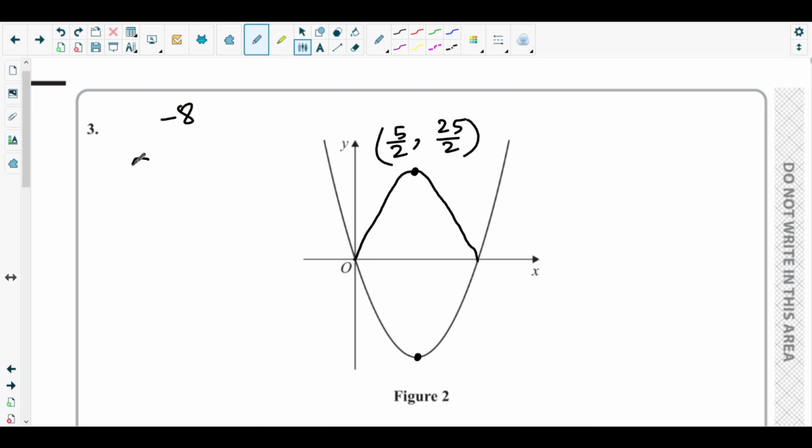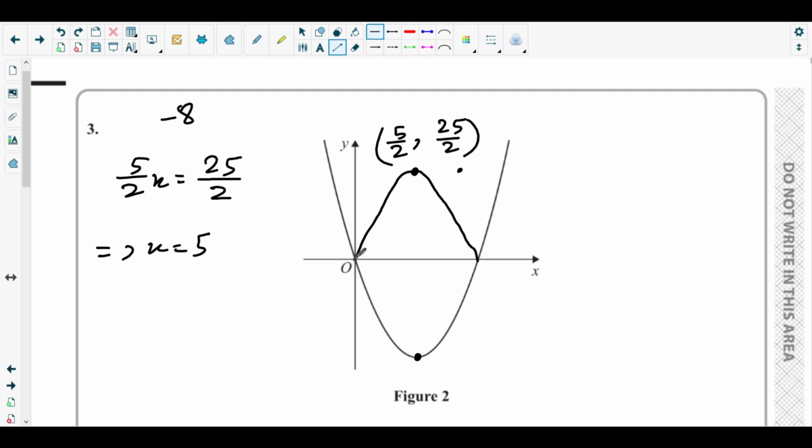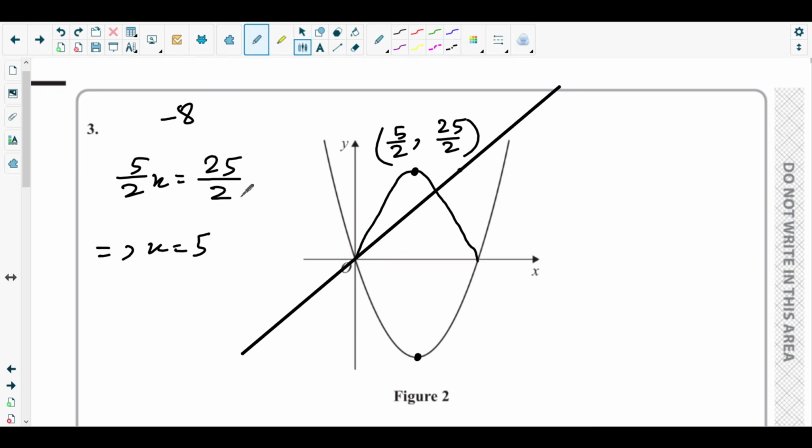So we will equate 5/2 of x equals 25/2. So you will get x equals 5. That means at x equals 5, not x equals 2.5, it will be passing through this y value. That means the line will be like this. Okay, done.